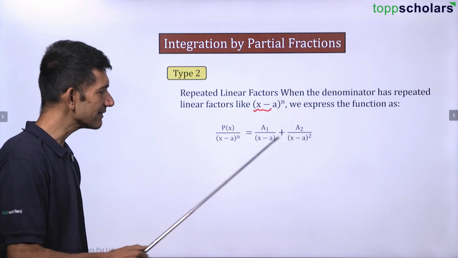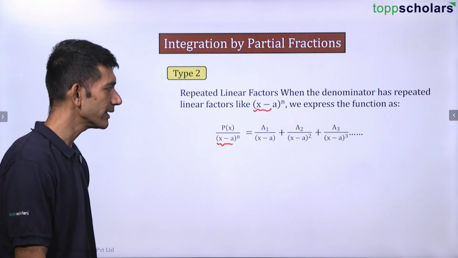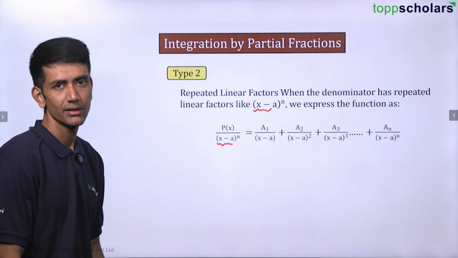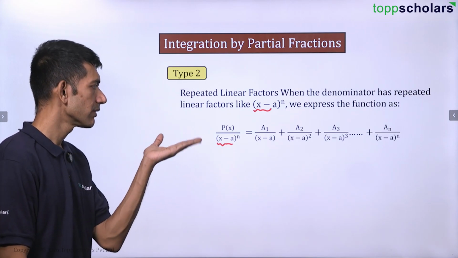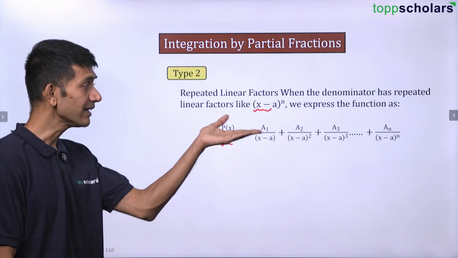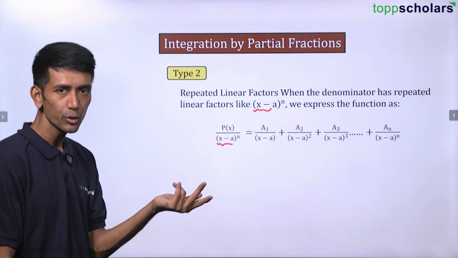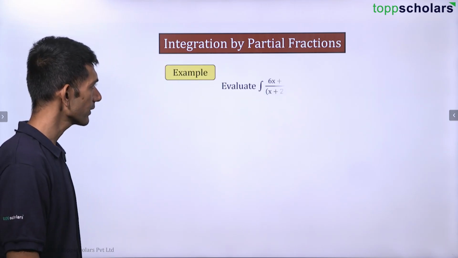Because if I take the LCM, it is going to be x minus a raised to n. If I have the cube, I can take a1 by x minus a plus a2 by x minus a the whole square, and then a3 by x minus a the whole cube, because the LCM is the cube. Let us see an example.